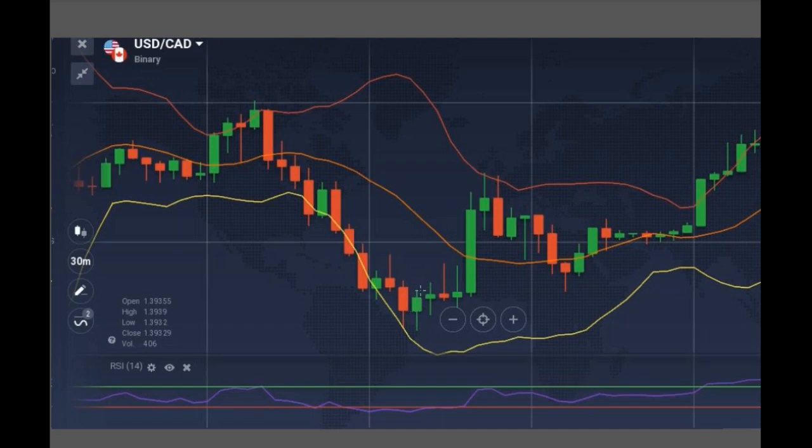So you want minimal wick on the upper body of the confirmation candle in a downtrend. Okay, so you are looking out for an AMA that has little wick on the upside.